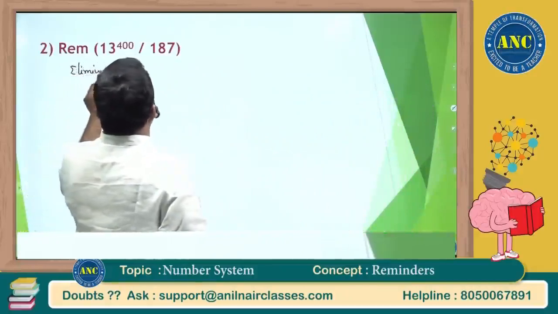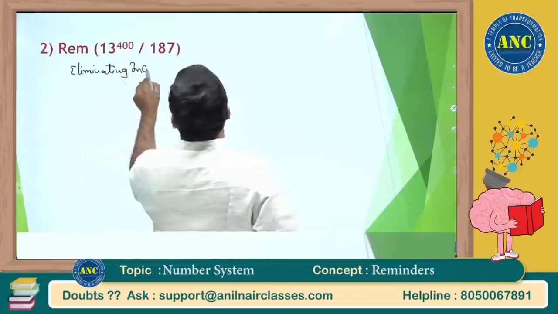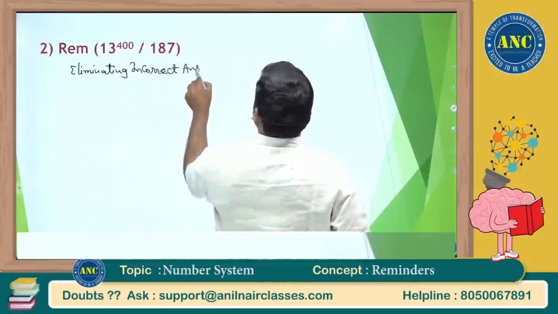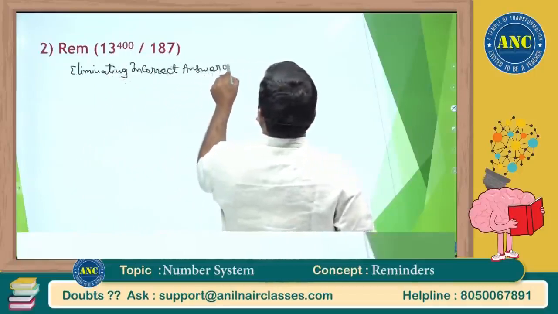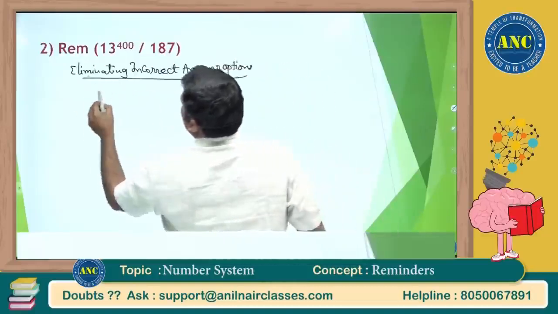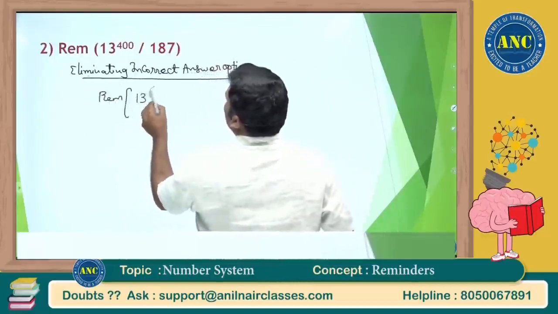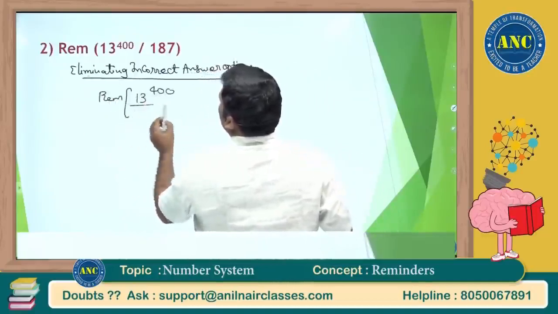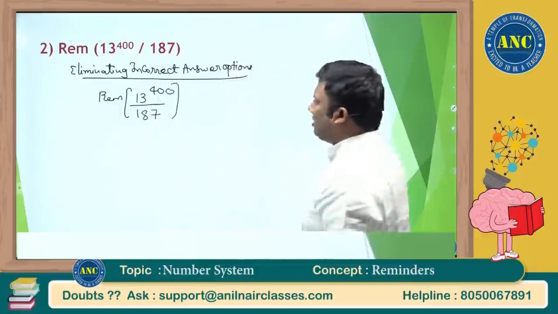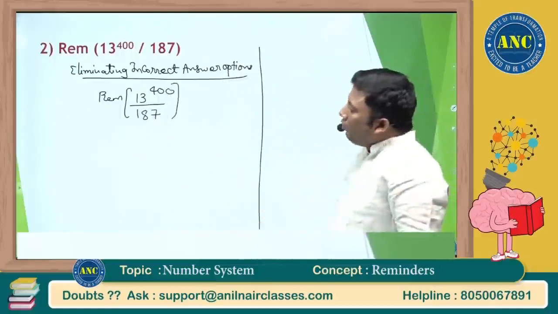First I will write it here, then I will do it, so that both concepts will be clear. Eliminating incorrect answer options. Just by looking at the question, 13 power 400 divided by 187. I will do method number 2 here so that it will be clear.